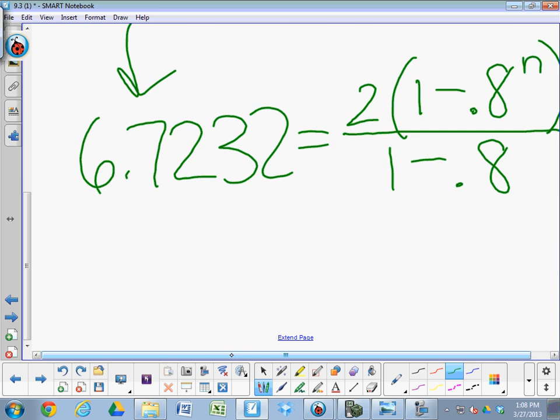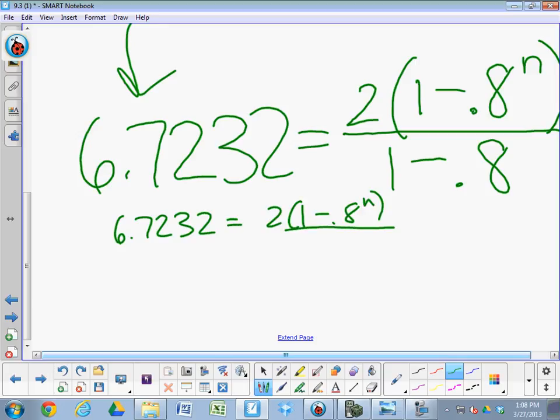First of all, what's on the bottom, on the right side? Negative, right? Over 1 minus 0.8 is positive 0.2. Just kidding. Okay, so how would you get rid of that 0.2? Go.